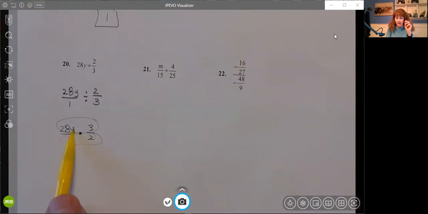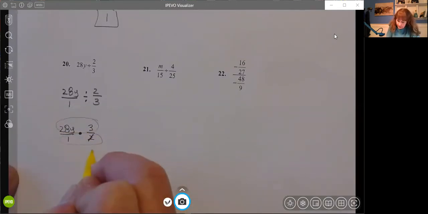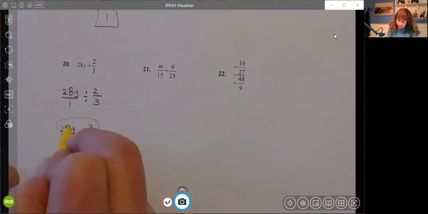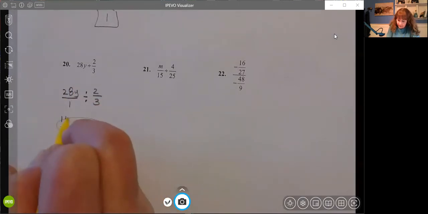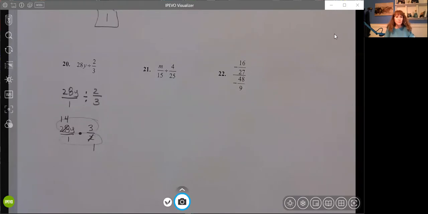So it can be separated and dealt with separately from the y. So 2 goes into 2 once, 2 goes into 28 14 times.